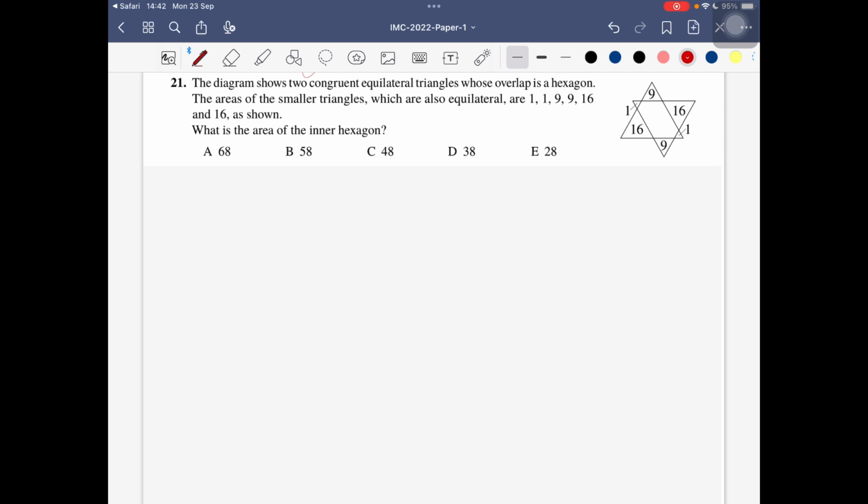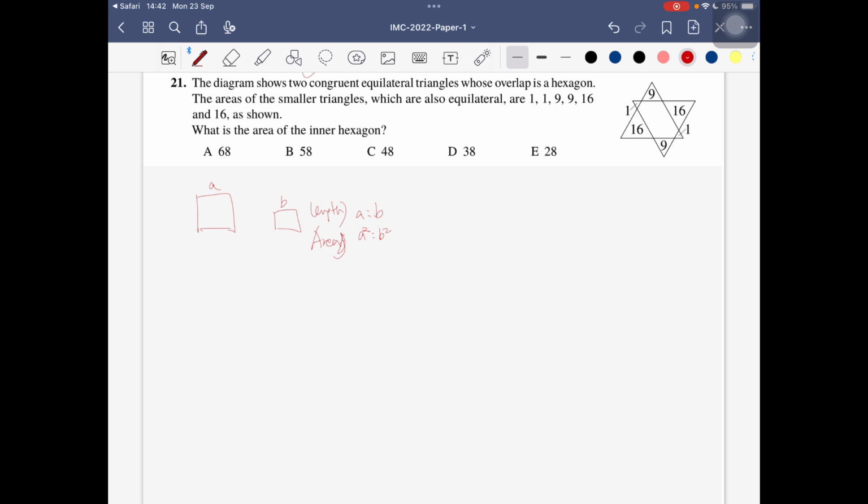For example, if this and this have side length A, and this has side length B, the ratio of the lengths, like a similarity ratio, is A to B. But when it comes to the area, we can say A squared to B squared. So this is the area ratio and this is the length ratio.